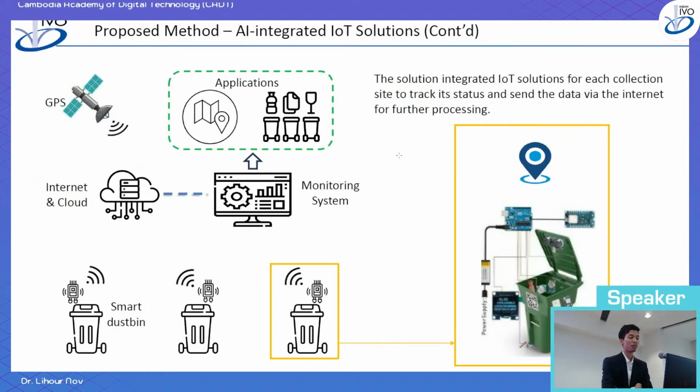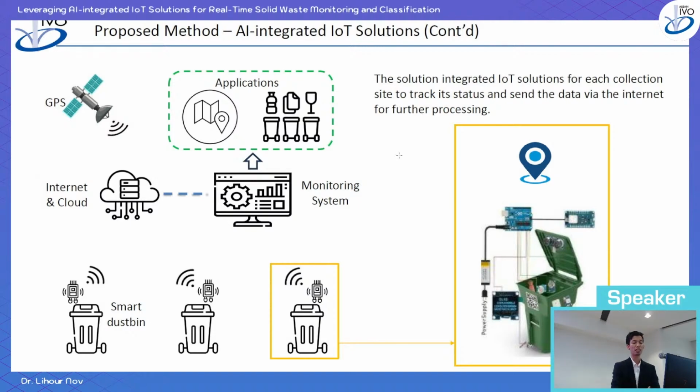As I mentioned, the implementation will start from the hardware. This involves the IoT module placement with the bin. We call it a smart bin, where we can retrieve information on the waste level, and a monitoring center that tracks those statuses efficiently.